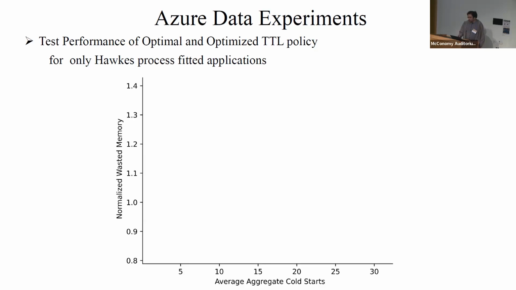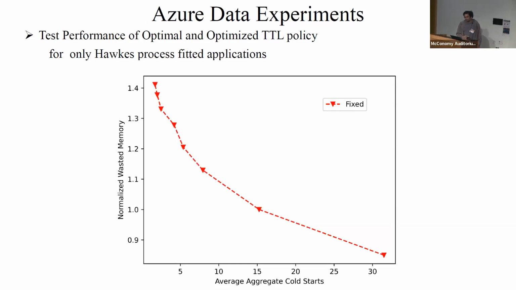So here is a trade-off curve of the fixed keep-alive window policy. The data point on the rightmost of the graph denotes the fixed keep-alive window policy for the 5-minute keep-alive window. The second rightmost point is the policy for the 10-minute keep-alive window. So as you notice, as you move to the left of the curve, the length of the fixed keep-alive window is increasing.